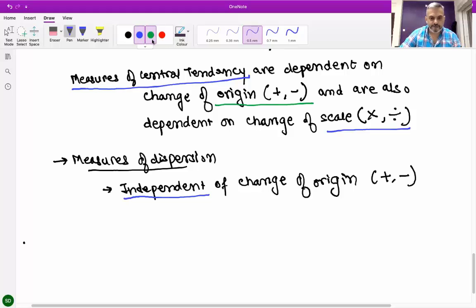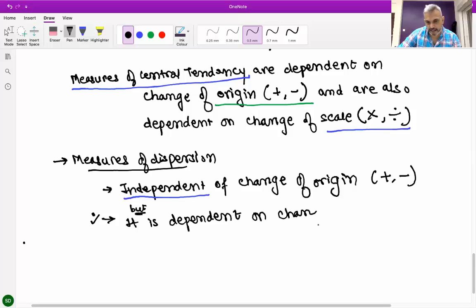But the second very important point: it is independent of change of origin, but it is dependent on change of scale. What does change of scale mean?